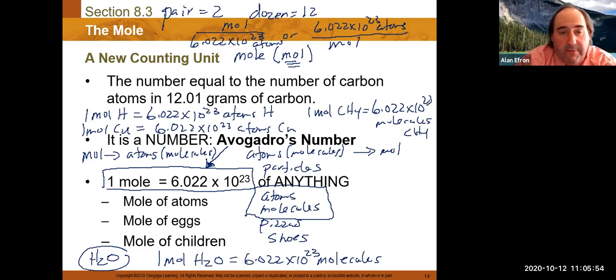And it's important that you don't use Avogadro's number in every calculation. It's very common. People will want to use Avogadro's number in every calculation that you do. So you only want to use Avogadro's number when you're given a number that's in atoms, molecules, particles, or you're asked to solve for something that's in atoms, molecules, or particles.